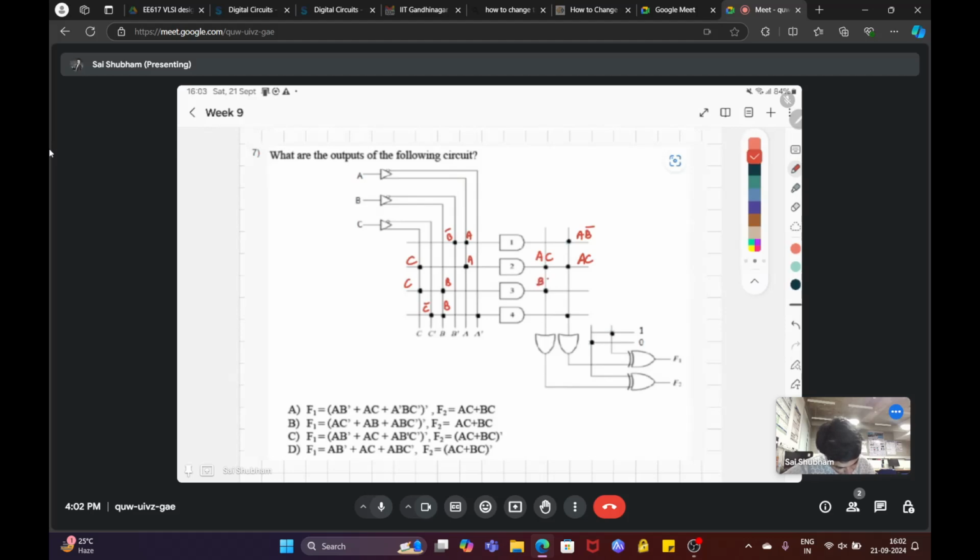Here you have BC and here you have BC bar. So now after you perform the OR, it should be C(A plus B), and here at this node you have 0, at this node you have AB bar plus BC bar plus AC.